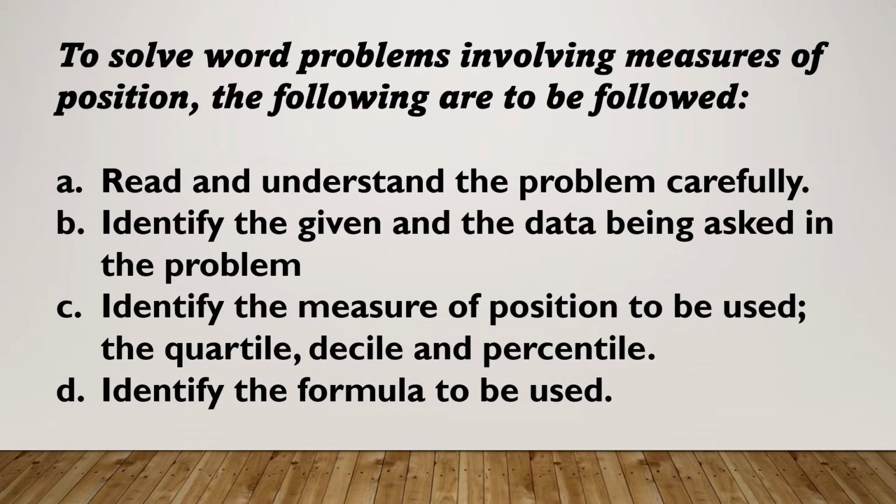Letter A. Read and understand the problem carefully. B. Identify the given and the data being asked in the problem. C. Identify the measure of position to be used, the quartile, decile, and percentile. D. Identify the formula to be used.